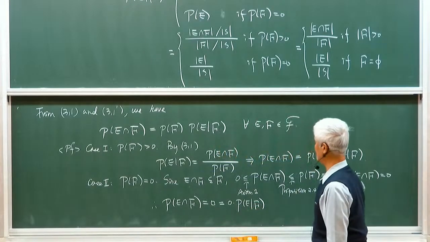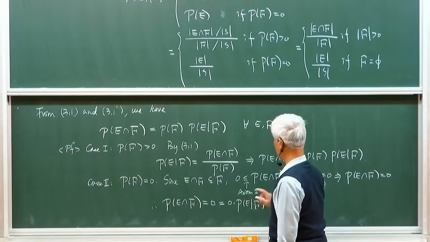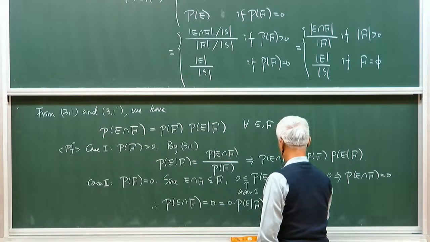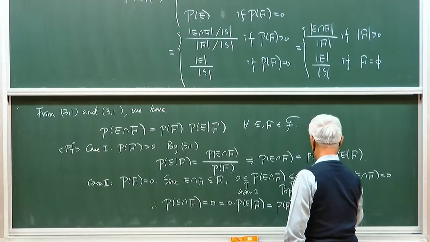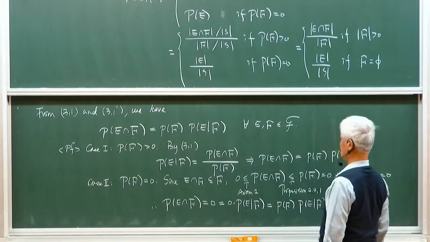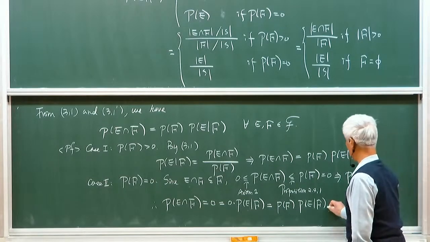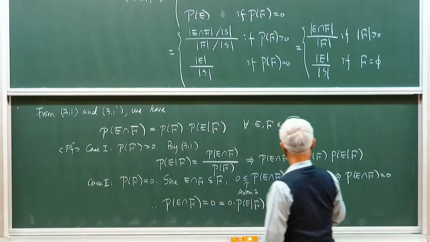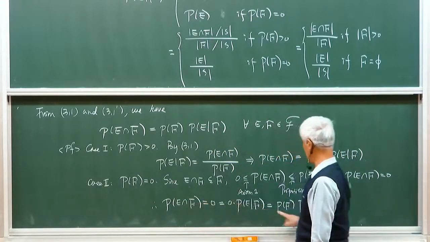This is the conditional probability, and this is probability of F times probability of E given F. Okay. So in both cases, we have the identity here.